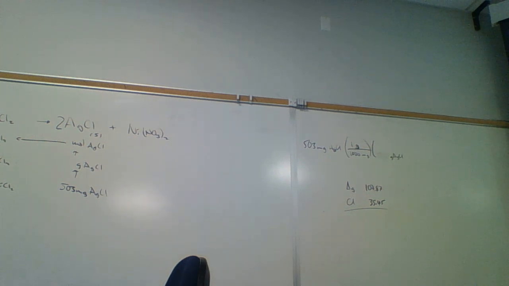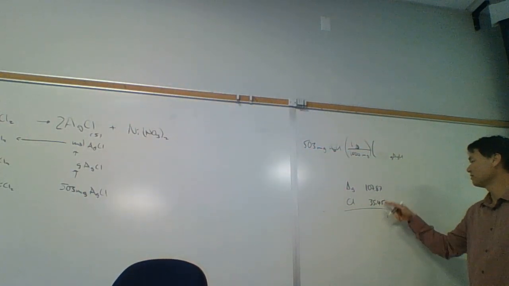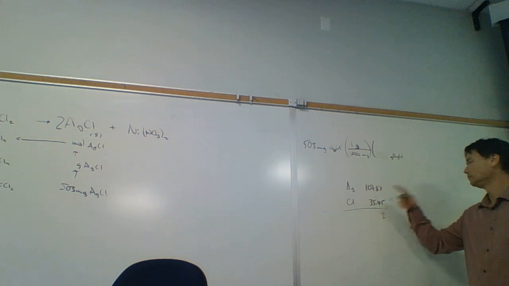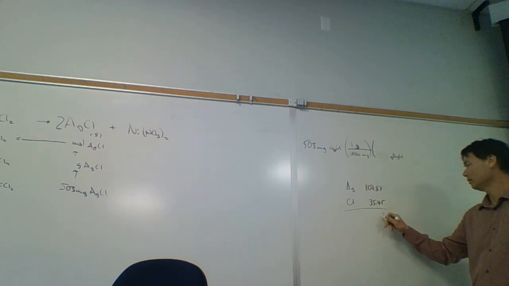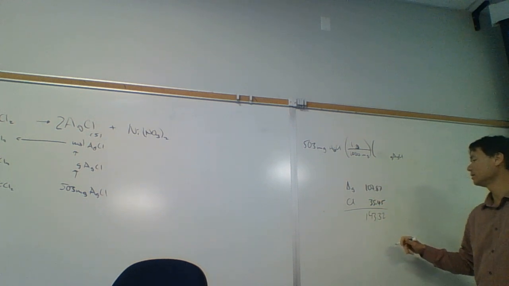These have bad resolution. So combining the masses here, 7 and 5 is 12, 9, 13, 8, 5, 13, 4, 143.32.